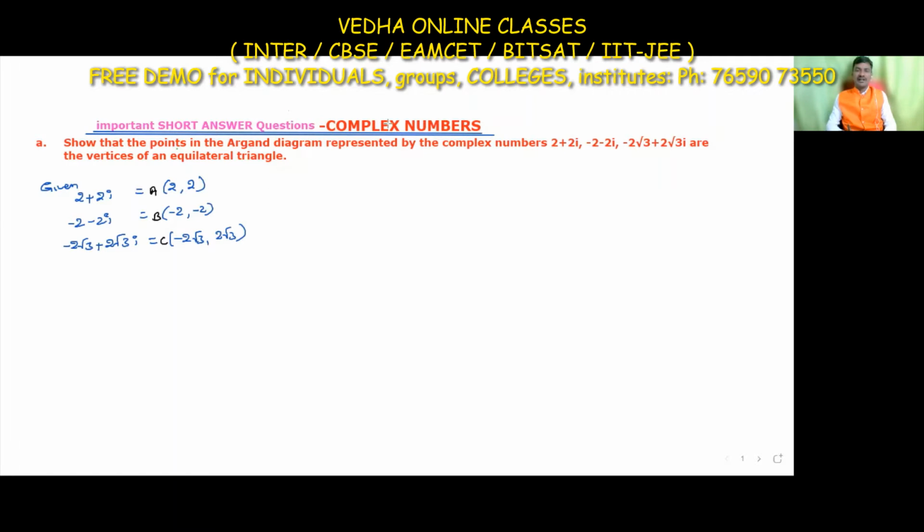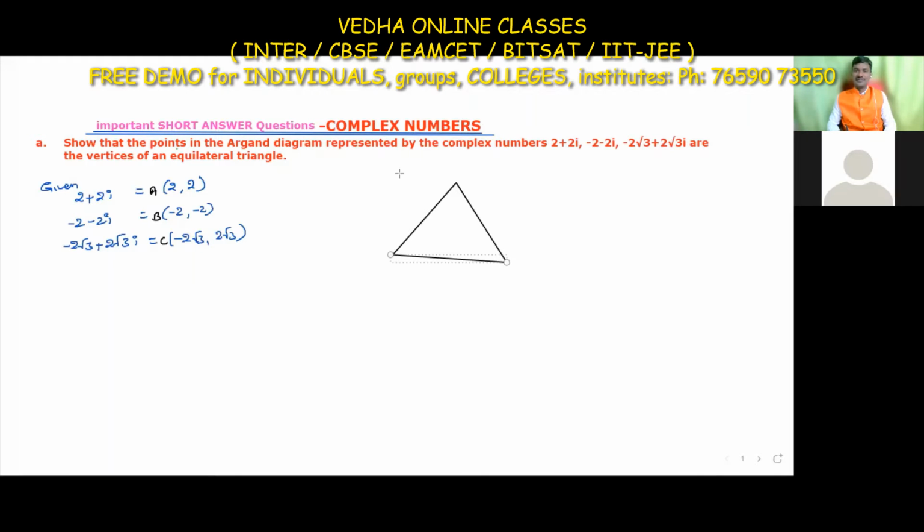Now which triangle is being asked here? Equilateral triangle. What is the property of an equilateral triangle? All sides are equal. Very good. So how to prove that all sides are equal?